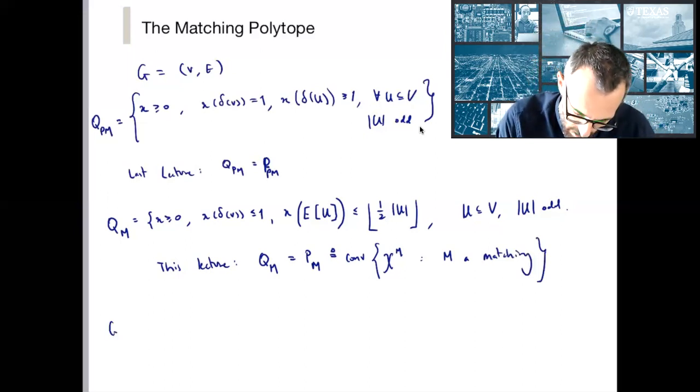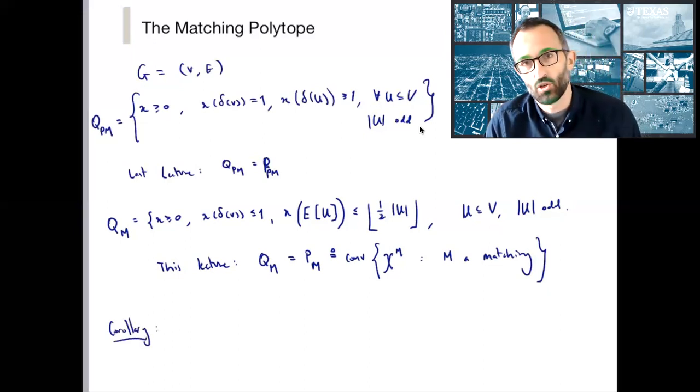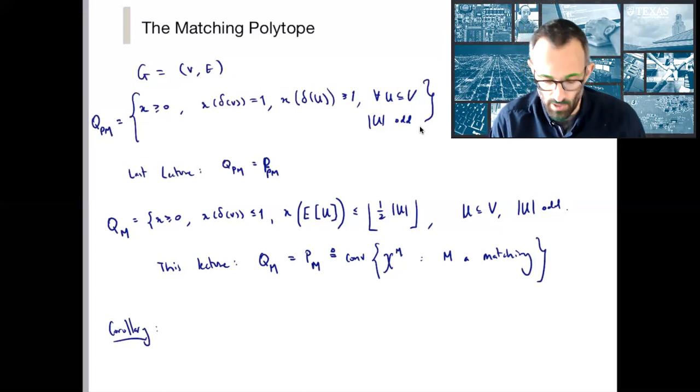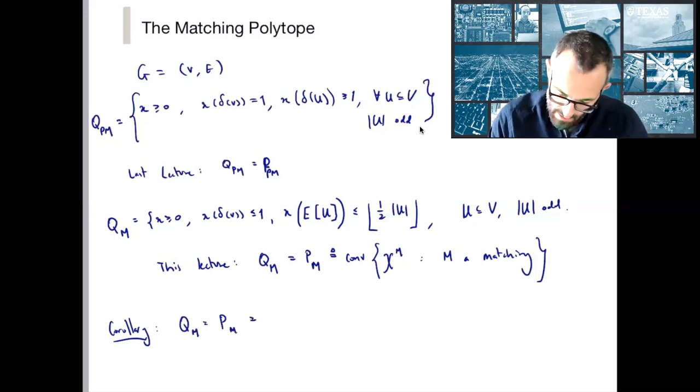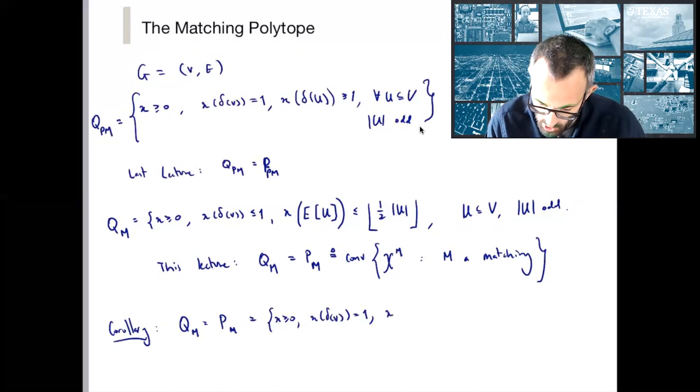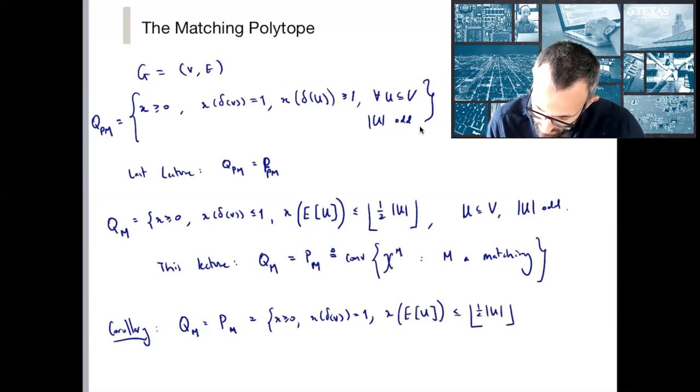And as a corollary, we're also going to get another characterization of the perfect matching polytope. QM equals PM can also be written as non-negativity and equality here, and then this same constraint on all odd cardinality subsets.